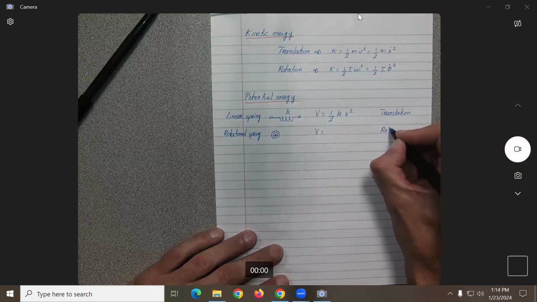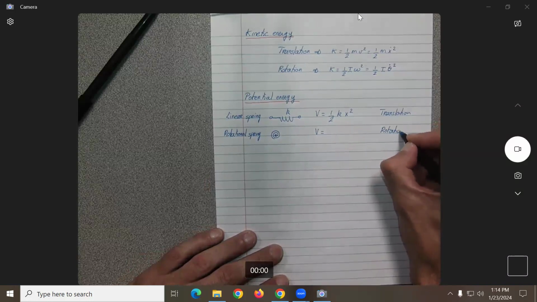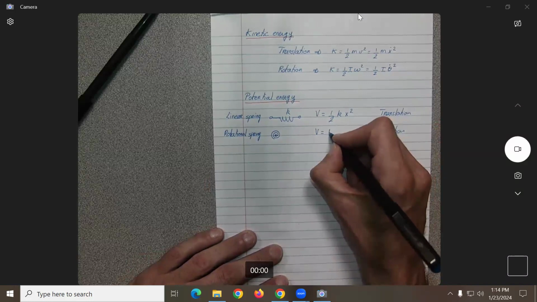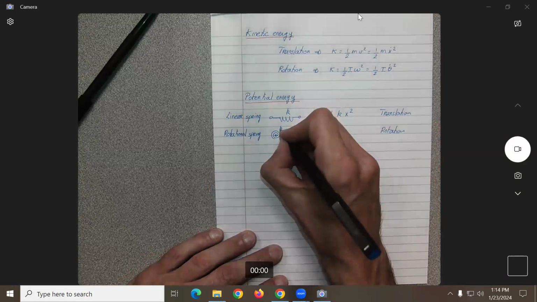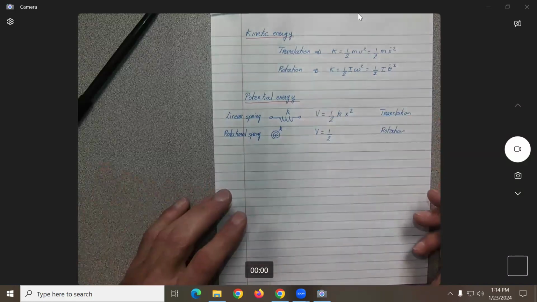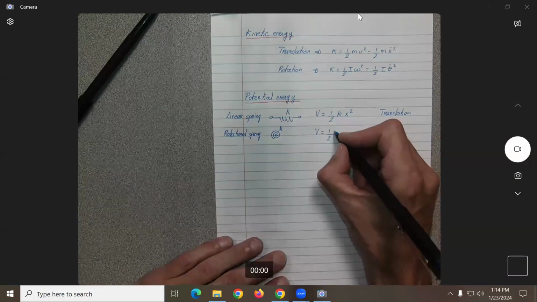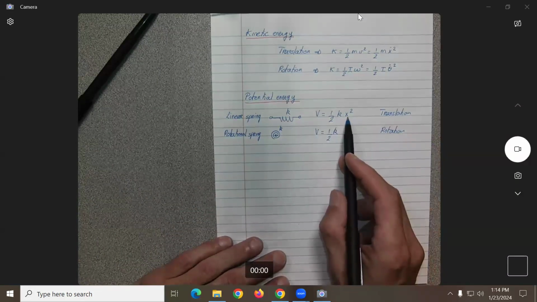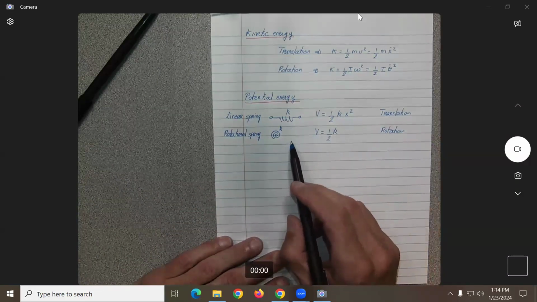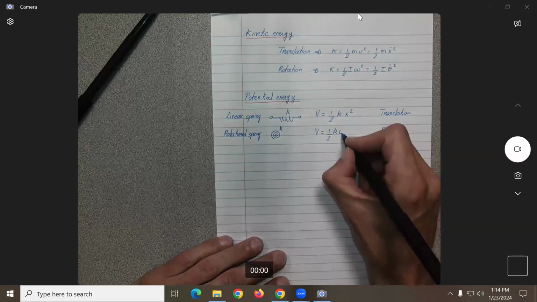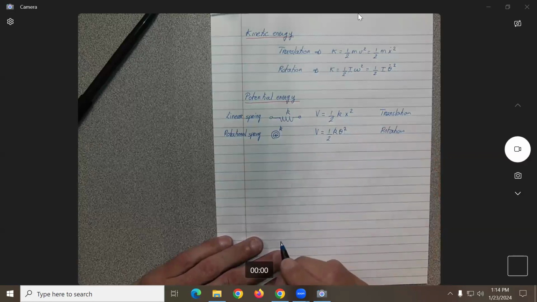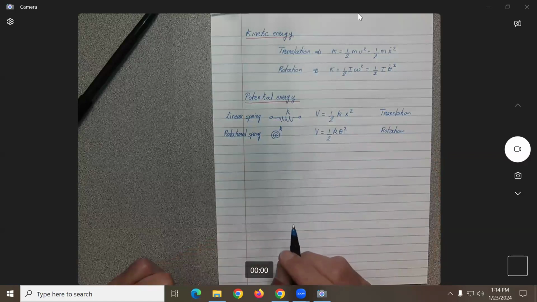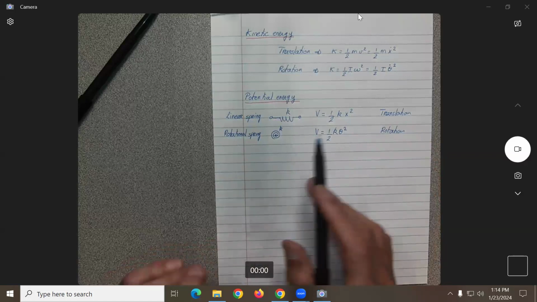So what do you think should then be the potential energy? Also can be K, no? But here it is x, and here it should be what? Theta squared, no? Yeah. Correct? Okay.